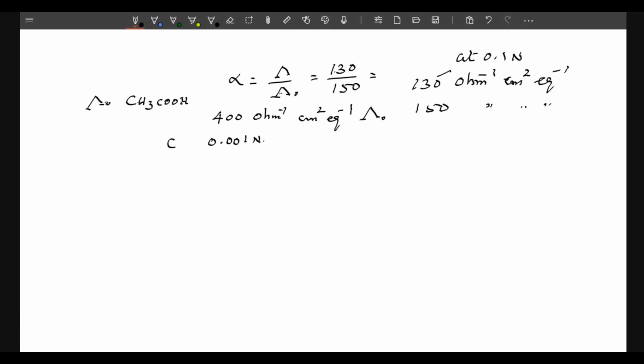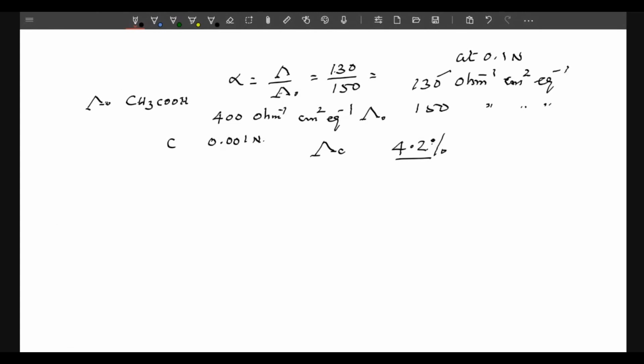Compute lambda C, that is the equivalent conductance at a given concentration C, if the degree of dissociation of the electrolyte is 4.2%. This problem is just a reverse of the previous problem.